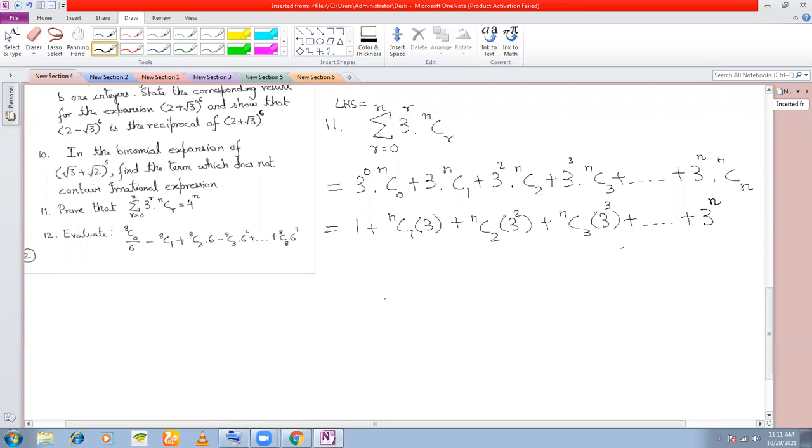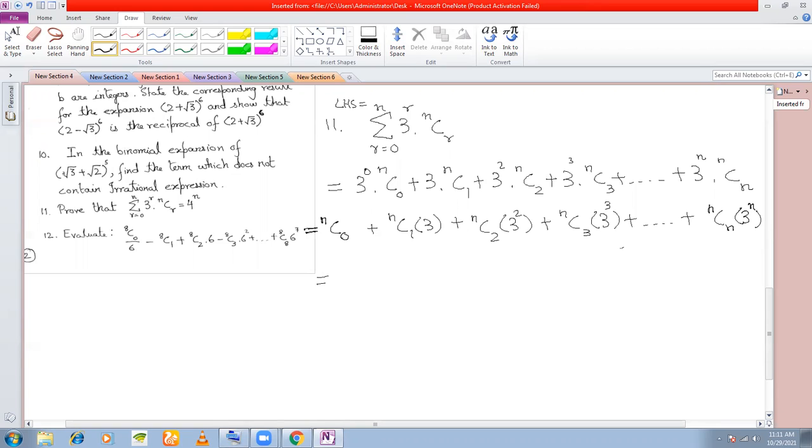Now see the first one here. Let's write nC0 here, and we write nCn here into 3 to the power of n, because it will be easier for us to understand if we don't omit these two terms.